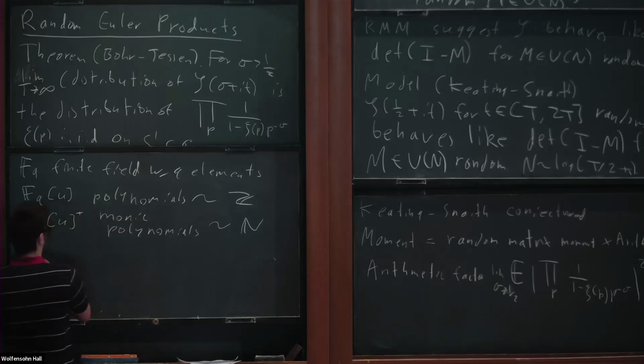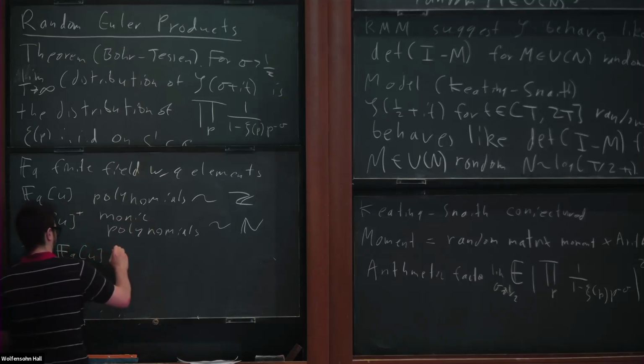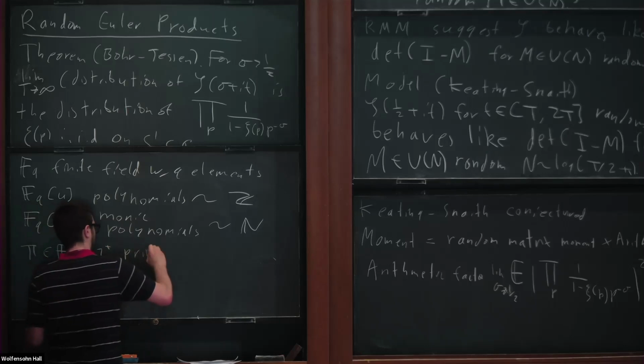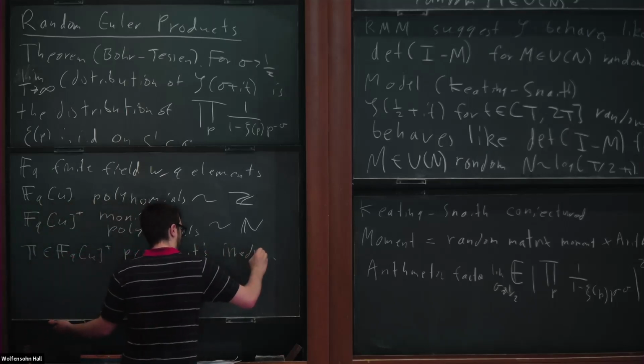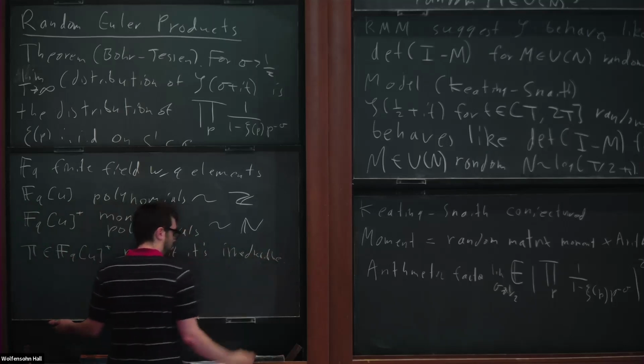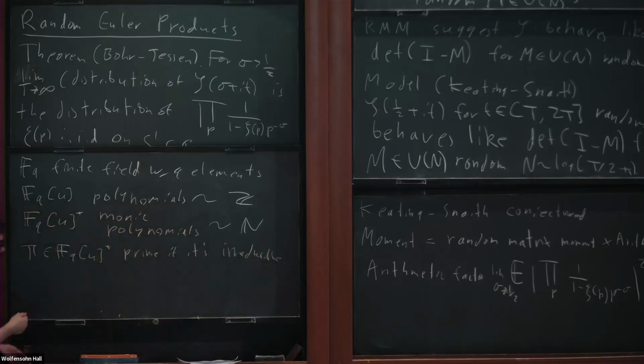And I'm going to say pi in F_q[u]^+ is prime if it's irreducible. So if it's not 1 and it has no monic factors other than 1 and itself.